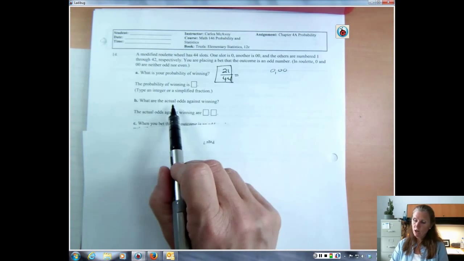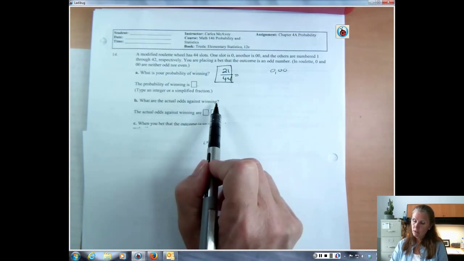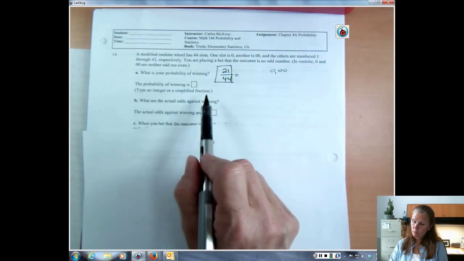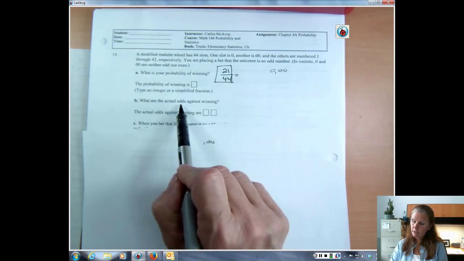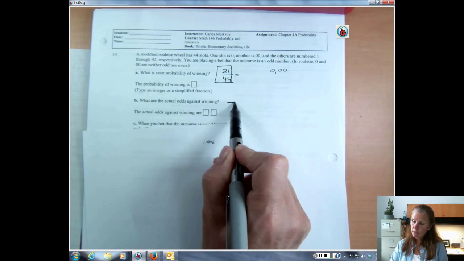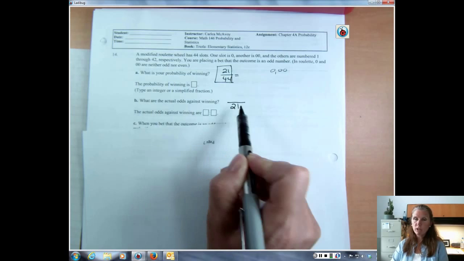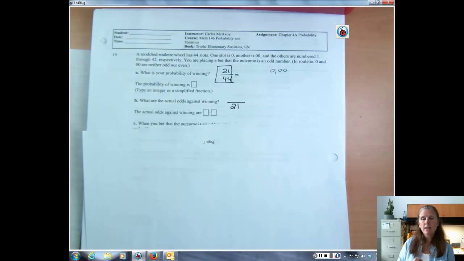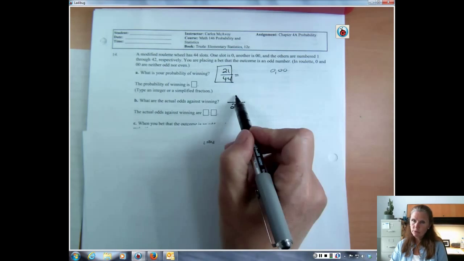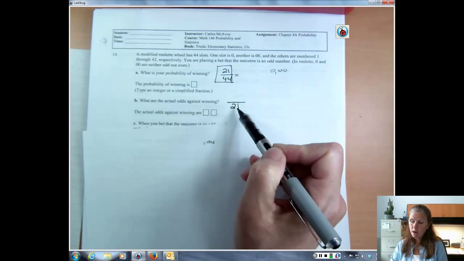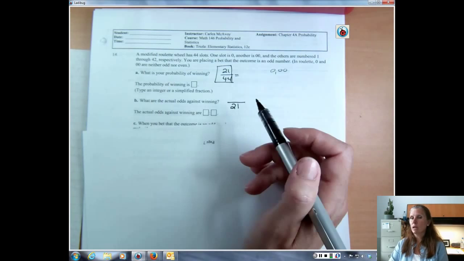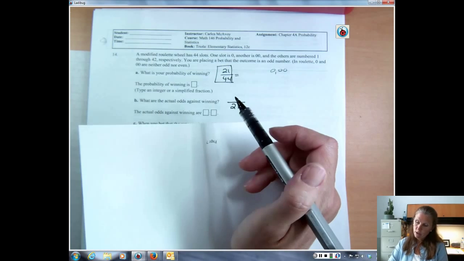What are the actual odds against winning if you place that particular bet? So there's 21 times when you're going to win, but we're talking about odds against. So when odds against, we put the unfavorable outcomes on the bottom. Remember that these two numbers, when you're doing odds in favor, odds against, the number on top and the number on bottom add up to your total sample space, 44.